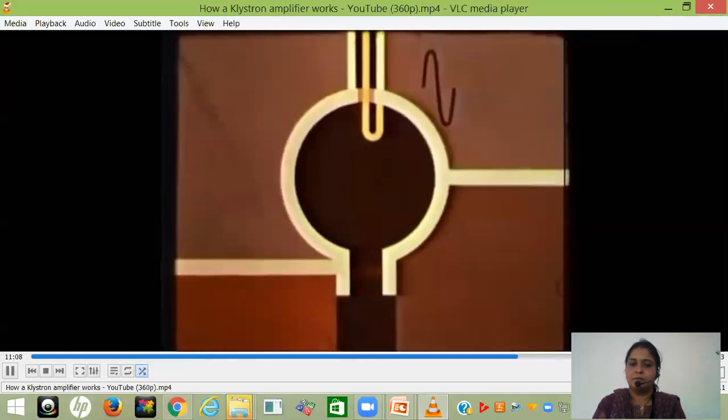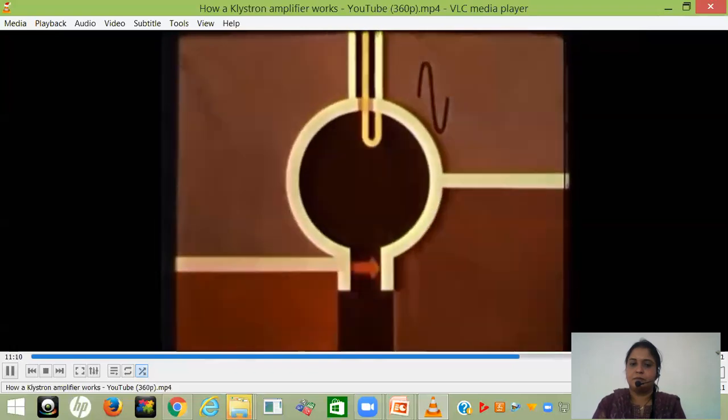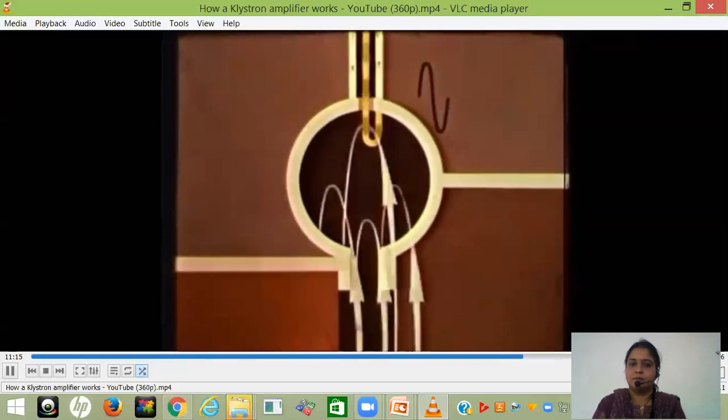The alternating magnetic field inside the second cavity is partly linked with the coaxial cable and thus initiates the output signal.